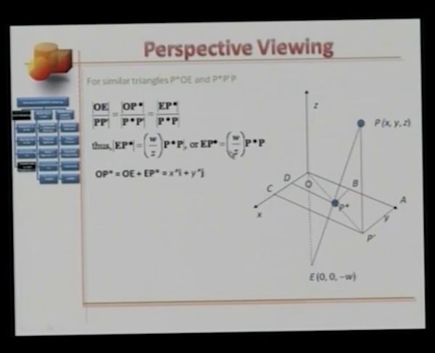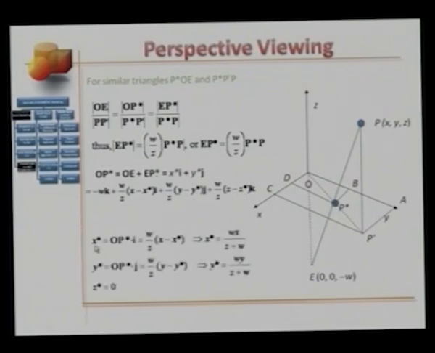We have EP star here that we can substitute in this expression, and we can see that OP star is minus of WK, which is OE, plus W over Z, X minus X star times I, plus W over Z, Y minus Y star times J, plus W over Z, Z minus Z star times K. These last three expressions come from EP star.